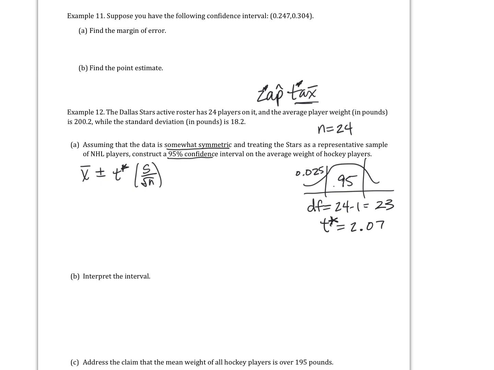And then I'm going to plug in my values. They're saying we're going to use this as my X bar and this as my S. And I know that because it says we're using them as a representative sample of all the NHL players. So I'm going to use 200.2 plus or minus that T star we just found. All right, let's crunch some numbers.